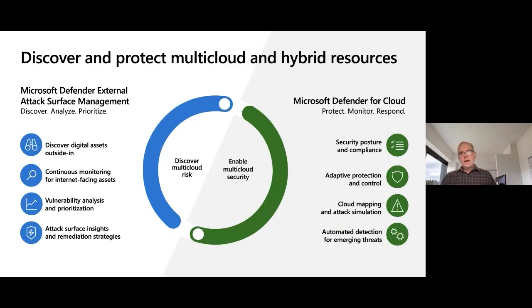And so if you were going to take away anything from this, this is really where a lot of the really important key takeaways about Defender for External Attack Surface Management come into play. So we discover digital assets from the outside in, meaning we see the world as the attackers see them, but also essentially how the rest of the world sees it. But we monitor this continuously.